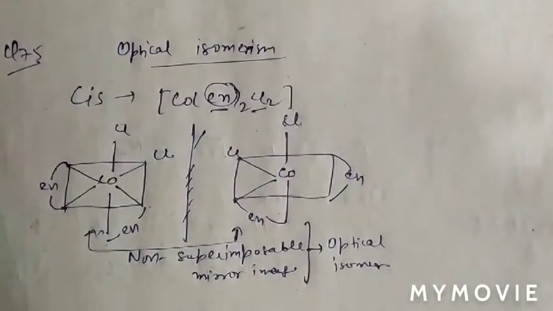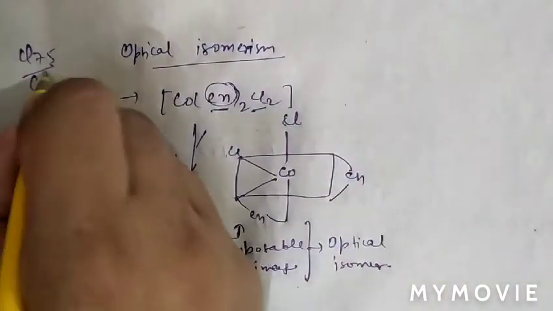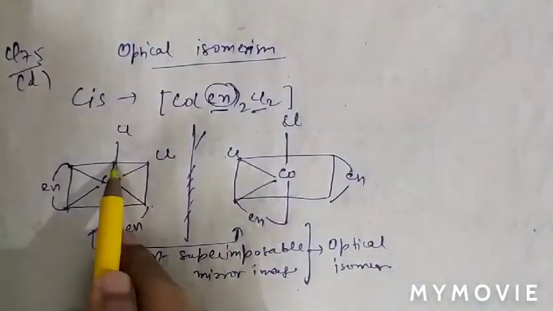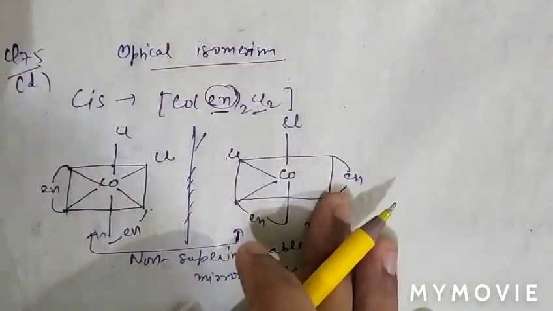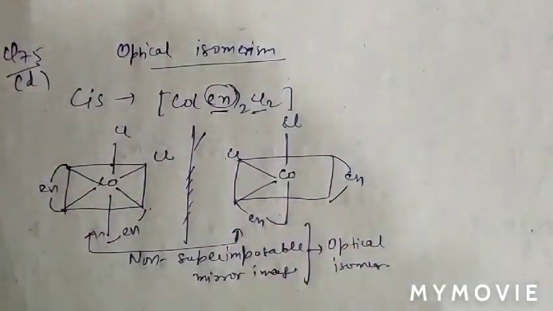So question number 75, option D is correct. The cis form will show it, while the trans form will superimpose. Therefore trans does not show optical isomerism for this compound.